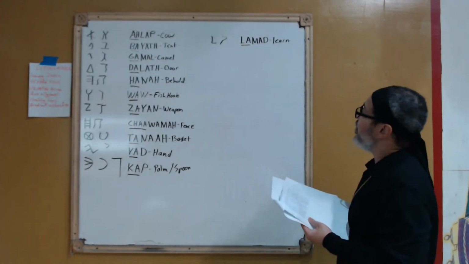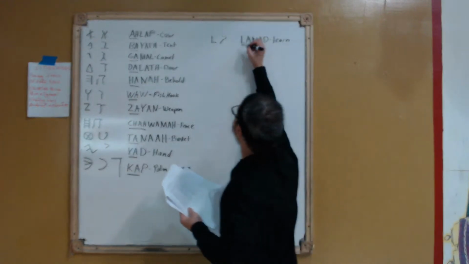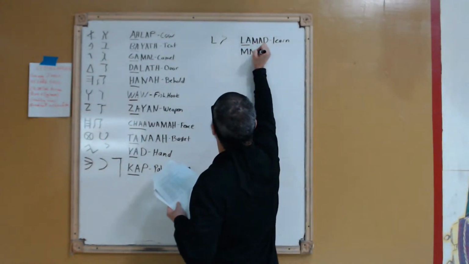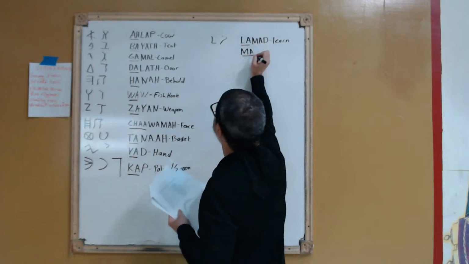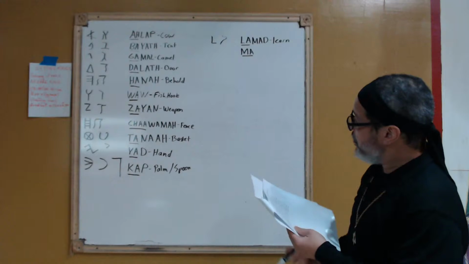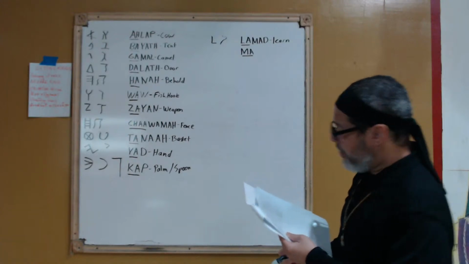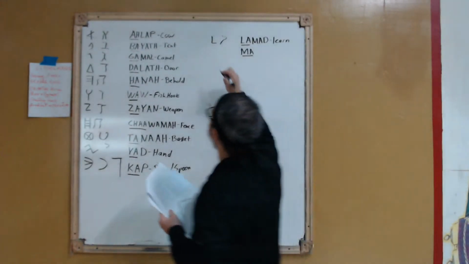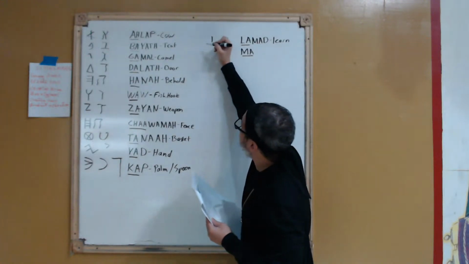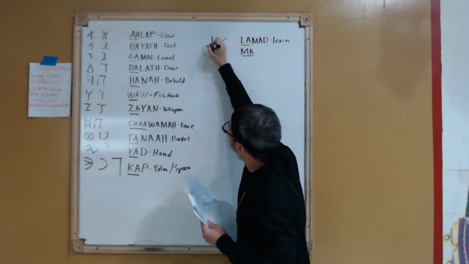Next we have the ma. And the ma was like the upside down M as we draw it. So it looks almost like a W in a way when you're doing it from this angle.